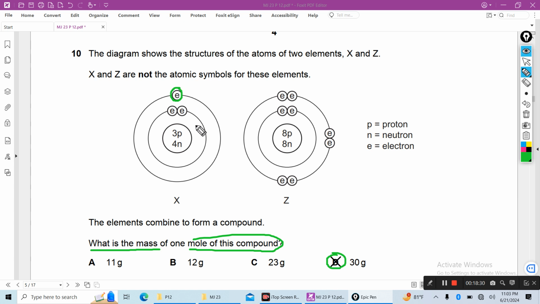So X is group 1, and Z is 2, 4, 6 electrons, group 6. Group 6 elements, say oxygen. So the formula will be X2O type.